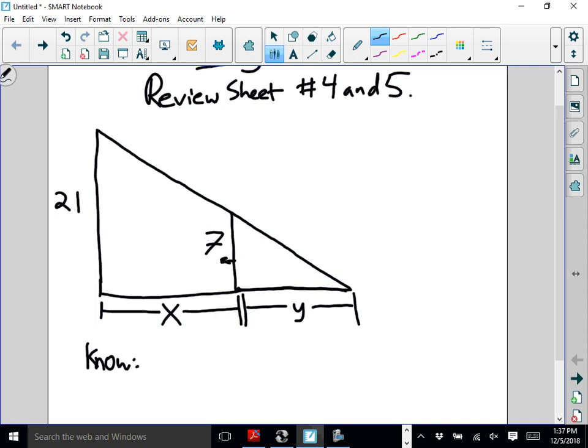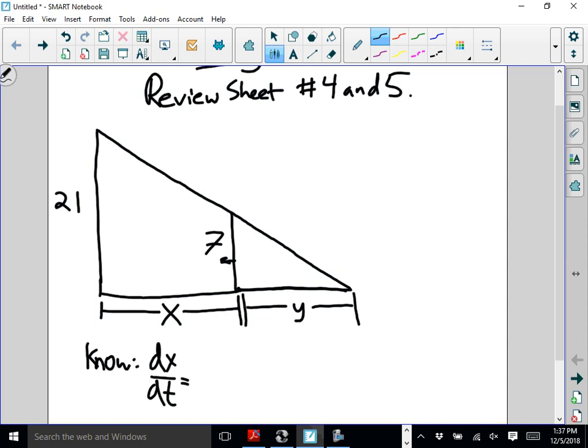So we know the rate of change of one of those two variables, X or Y. Well, X is the distance in between the player and the light pole, so that has to be shrinking at a rate of 5 feet per second. So I don't know x, but I do know that dx/dt equals, and now we want to think about this. Is this going to be 5 or is this going to be negative 5?